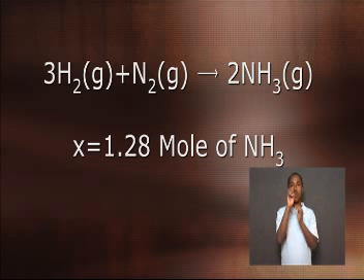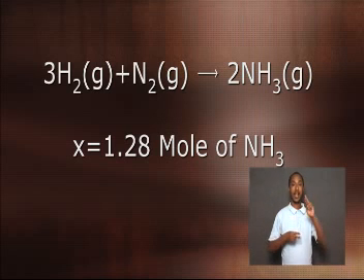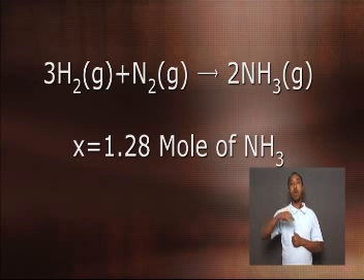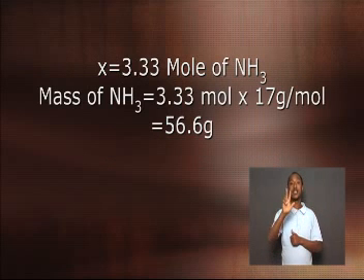This is equal to X divided by our 2 moles of product. We then cross-multiply the 5 moles of our reactant by the 2 moles of our product and divide it by the amount of reactant we started with, which is 3 moles of hydrogen. This allows us to solve X, which is 3.33 moles.